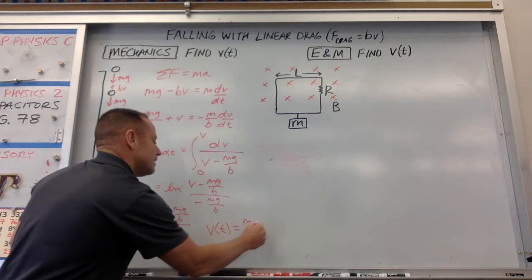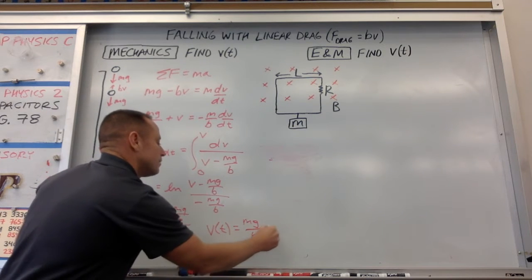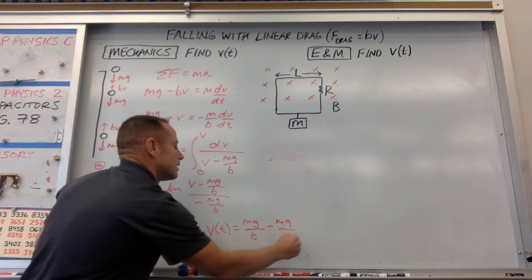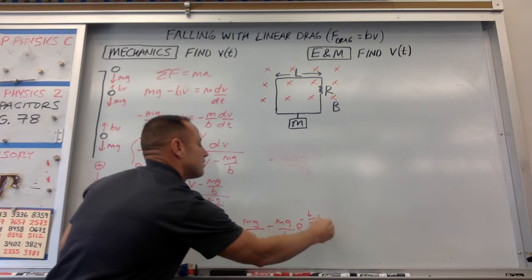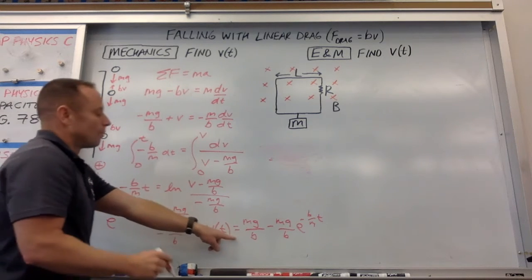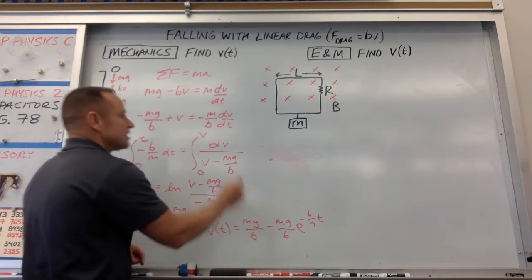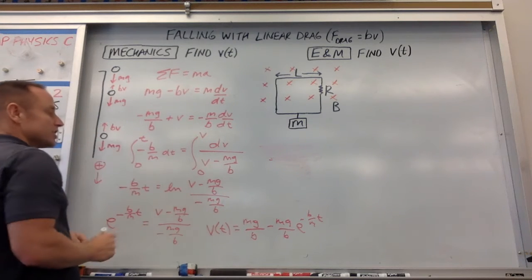So we have mg over b minus mg over b times e to the minus b over m t. This function is your velocity as a function of time.